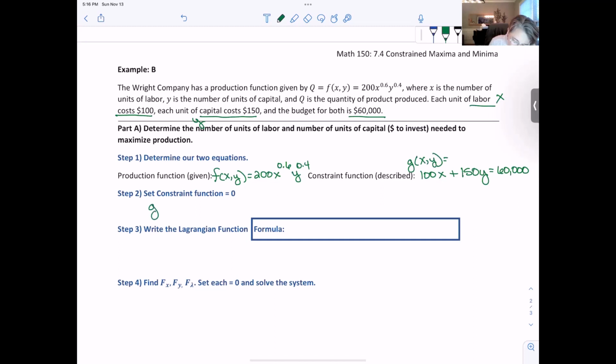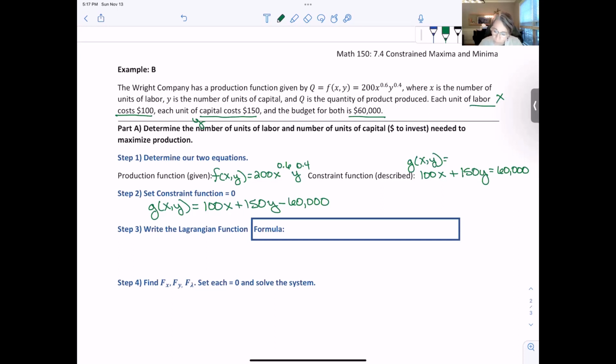If we set that equal to 0, then we have G of xy equals 100x plus 150y minus that 60,000. We're going to use that F and that G, and that lambda, the Lagrange multiplier, to write what we call the Lagrangian function.